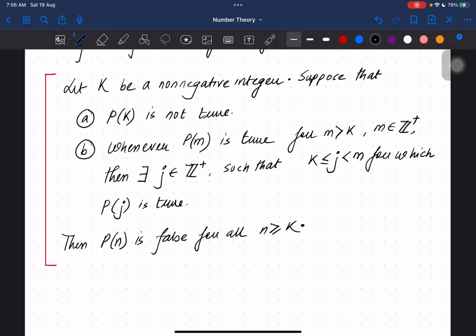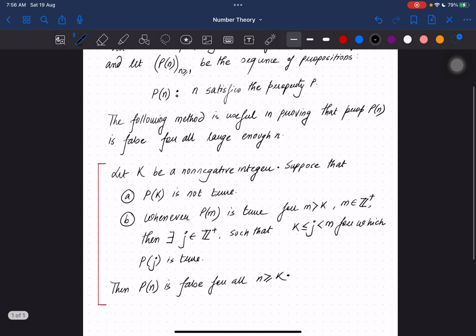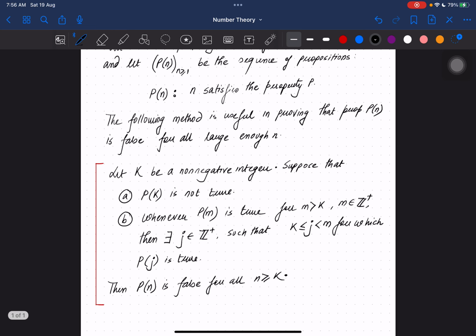Seeing these statements, you can feel a relation with induction, right? This is nothing but the contrapositive statement of strong induction.